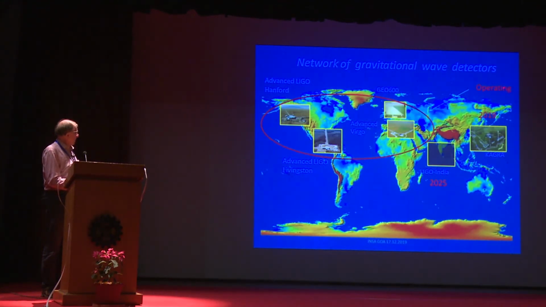There are also other projects. One is the Japanese KAGRA project, which is a very ambitious project because it has two important ingredients. One, it is underground, which reduces seismic noise, which is very important, and on top of it, one will be cooling the mirrors to very low temperatures, like 30 Kelvin.